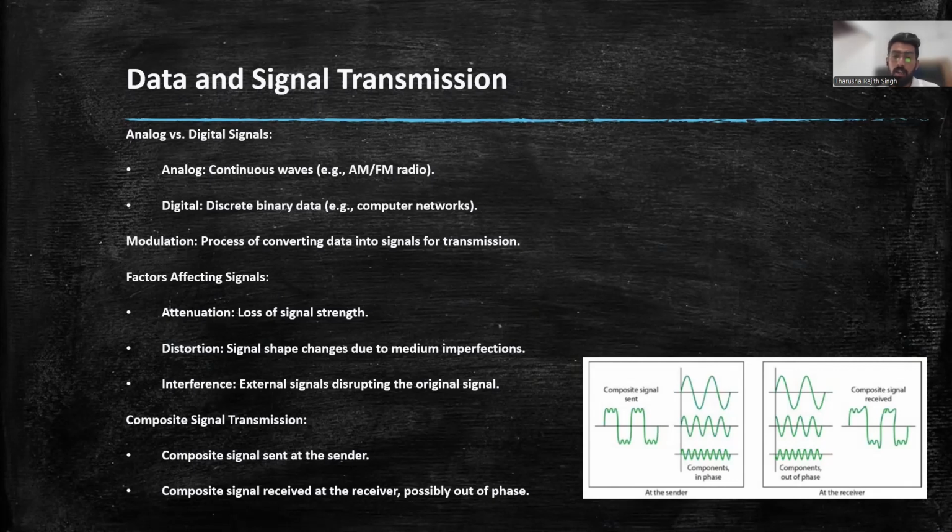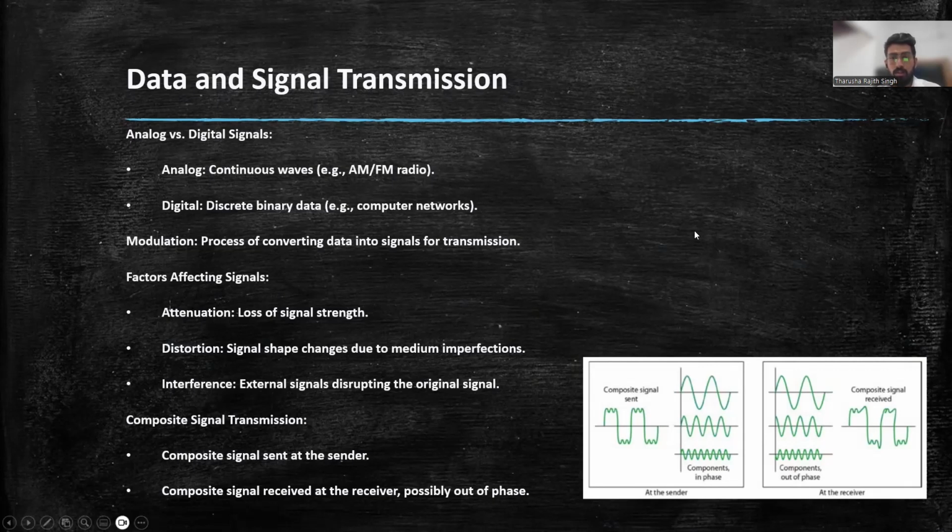This can lead to errors or distortion in the received data. Understanding these concepts is crucial for designing efficient and reliable wireless communication systems. By selecting the appropriate signal type, modulation techniques, and addressing factors like attenuation, distortion, and interference, we can optimize data transmission for various applications.